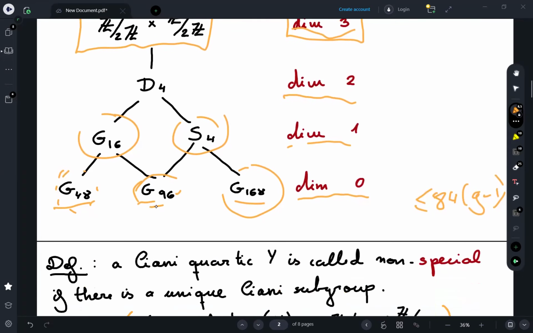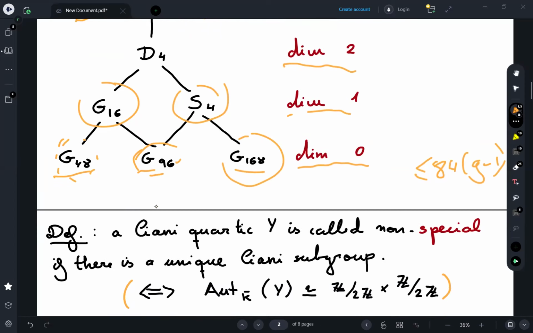And this motivates the following definition: a Ciani quartic is called non-special, well, I'm defining special in the same definition, if there is a unique Ciani subgroup. And actually, we can check that this is equivalent to having that the automorphism group is precisely isomorphic to the Klein subgroup.